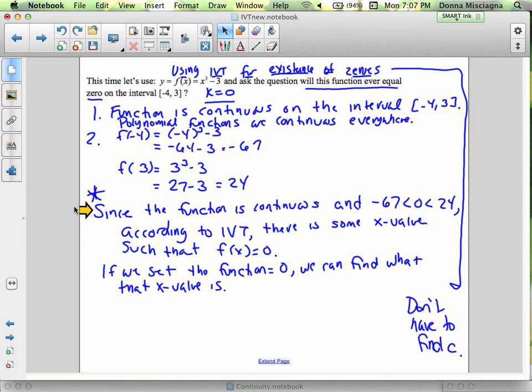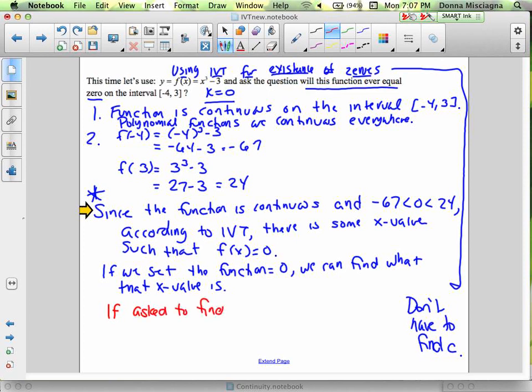If we were asked to find c, let's do that part. Then you would just set 0 equals x cubed minus 3. You'd add 3 to both sides, so 3 equals x cubed.